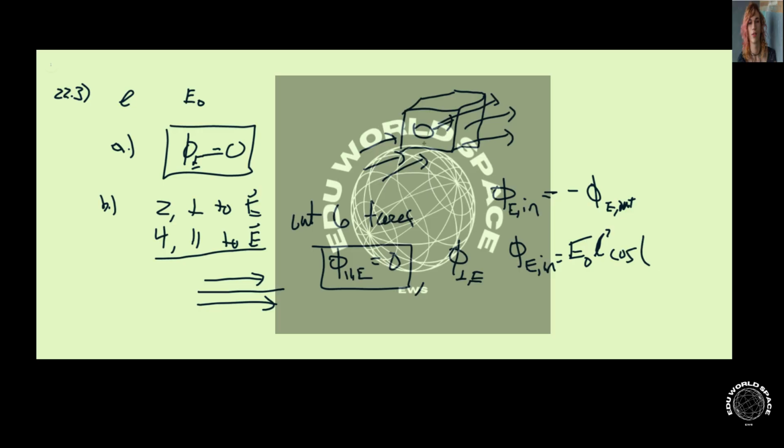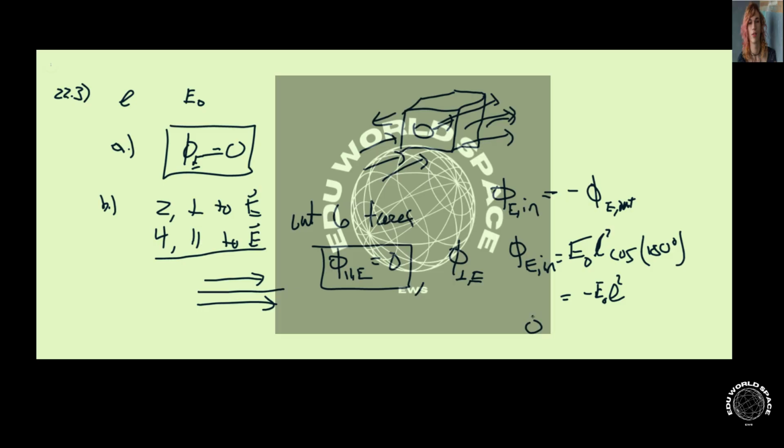If the area vector is coming out normal to the surface, the angle between these is going to be 180 degrees, and for the exiting face it's going to be 0 degrees. So cosine of 180 is -1, which means this is negative E naught L squared.